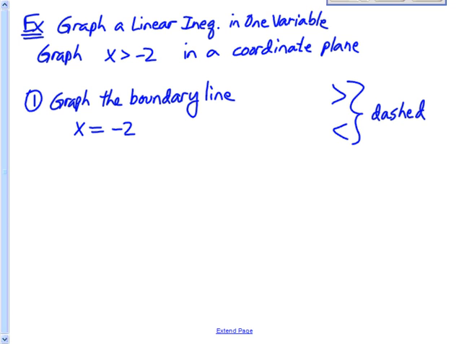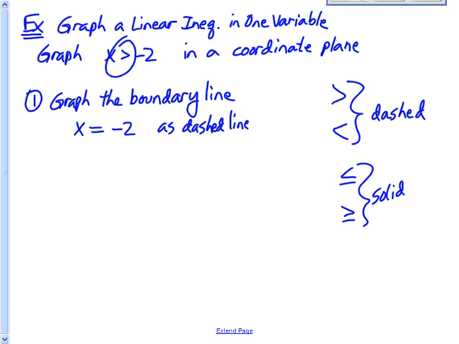If your original inequality is a strict greater than or less than, as you notice it's originally a greater than, then we graph the boundary line x equals -2 as a dashed line, meaning all the points on that line are not included in our solution set. If it had been one of the other two signs, I would have made it a solid line. So just keep that in mind as we move forward.